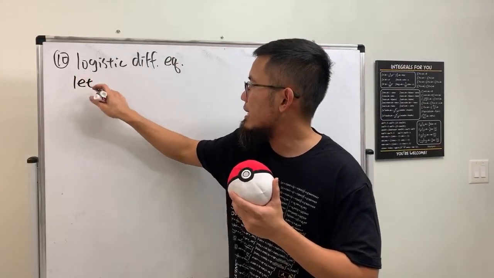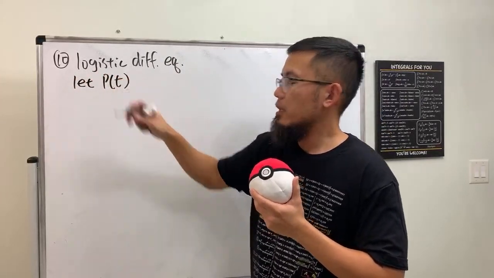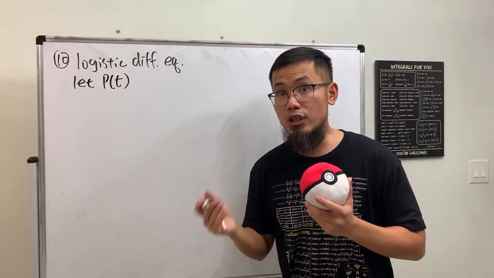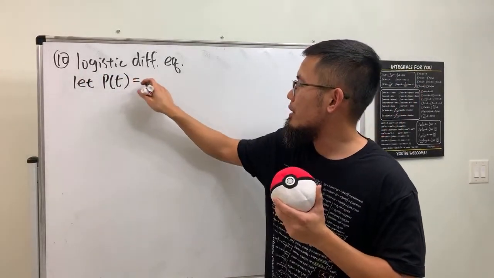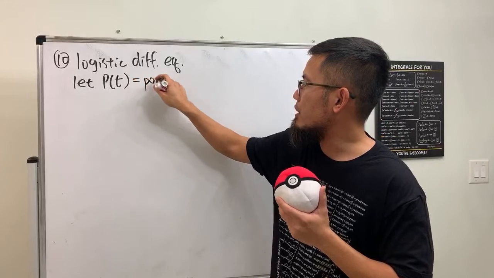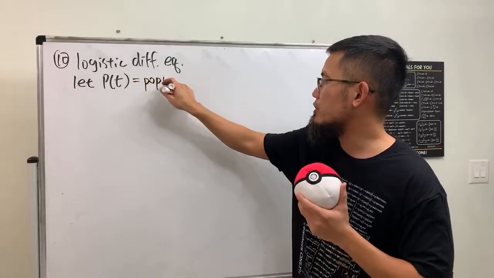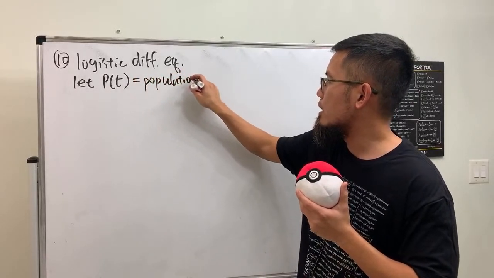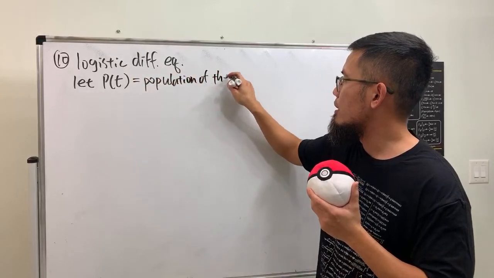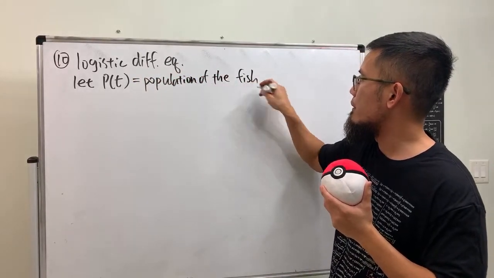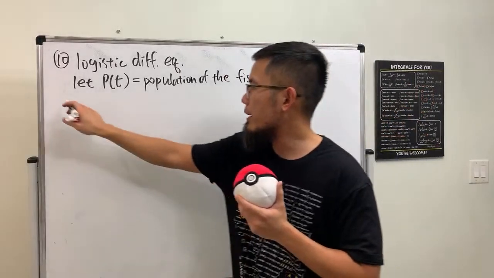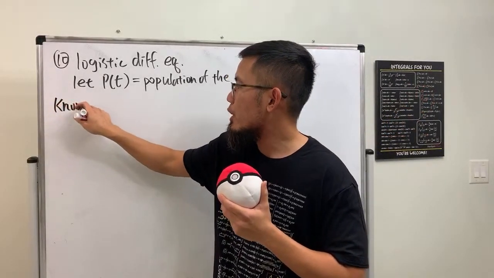Let P of t, where P stands for the population, be the population of the fish, right?